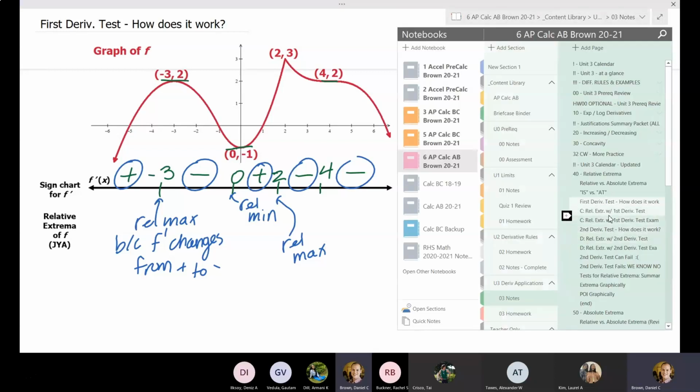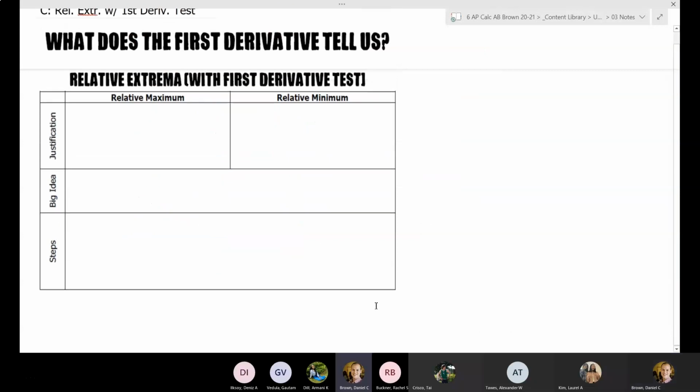I do want to summarize it for you. This has a name. The name that we're going to call it is the first derivative test. The first derivative test can allow us to find extrema.